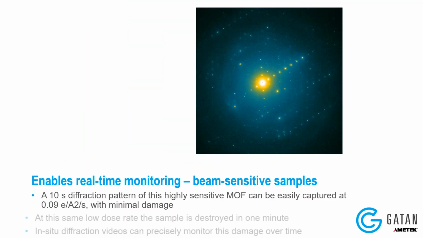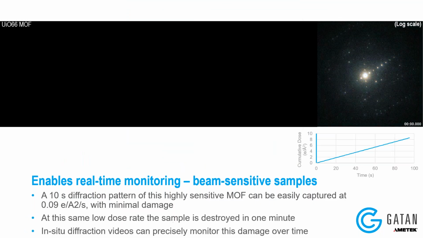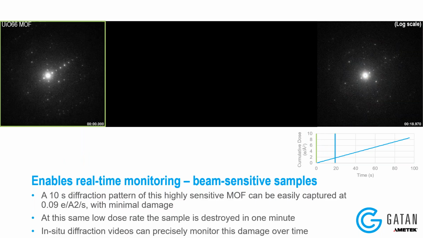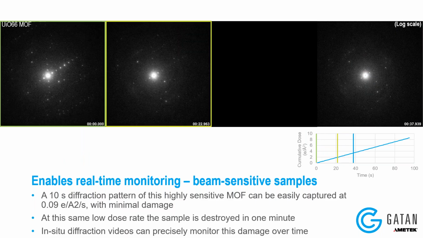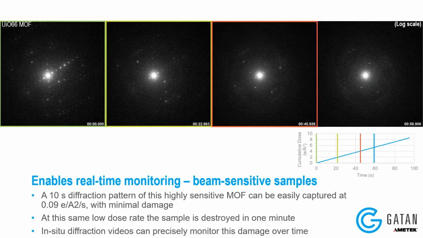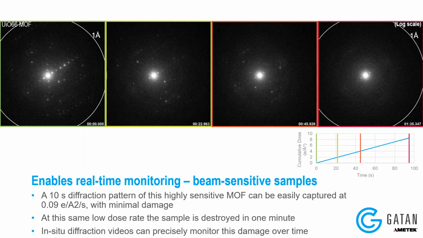But if we continue to expose this MOF sample to the beam for a longer period of time, here about a minute and a half, we can see that at this same very low dose rate, the sample is ultimately destroyed. In about a minute, I would say, most of the structure is gone.